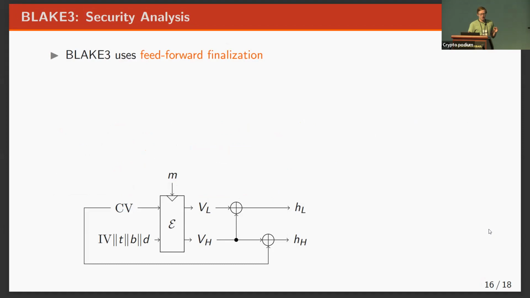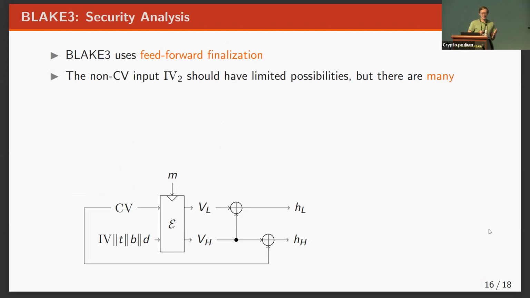And as I said before, Blake 3 uses the feed-forward finalization. But what we said is that this non-CV input, which we call IV2, should have a limited number of possibilities. But because of this counter, which can go on and on, there are actually many possibilities. And this leads to an interesting property.